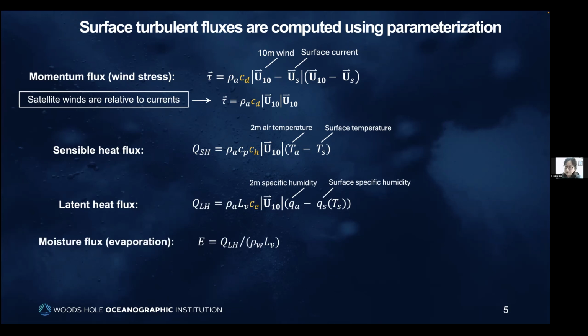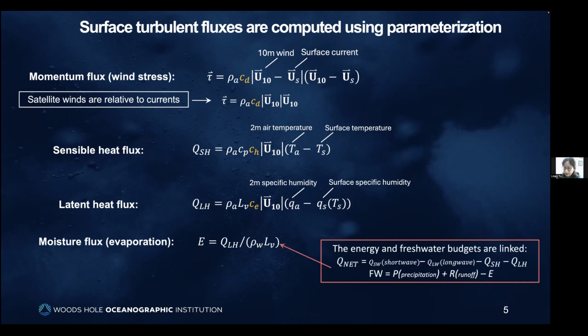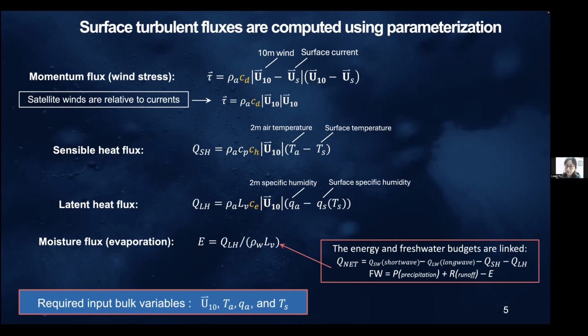Evaporation is related to latent flux because the evaporation process releases both heat and vapor. Because of that, we often see that the energy and freshwater budgets are linked, because evaporation is a central link of these two cycles. So clearly you can see that from this parameterization, we need input bulk variables like winds, temperature, humidity, and SST.